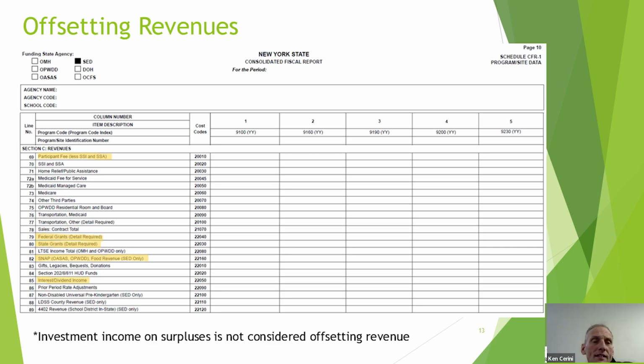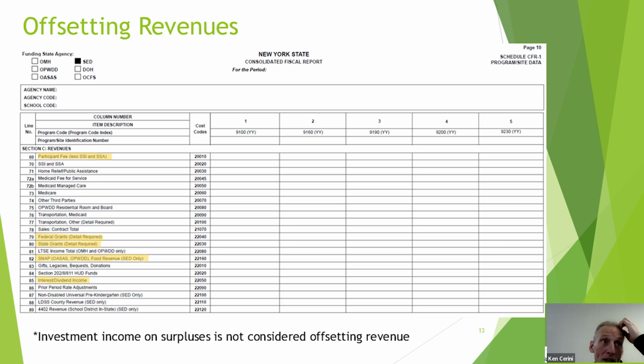So, to the extent that somebody else is paying for some of the costs that are included within that column, you have to offset the revenue. Things like federal grants, state grants. If somebody gave you a restricted contribution, hey, I'm going to give you $5,000, but that $5,000 has to be used for your 9100 program, that $5,000 is a restricted contribution.